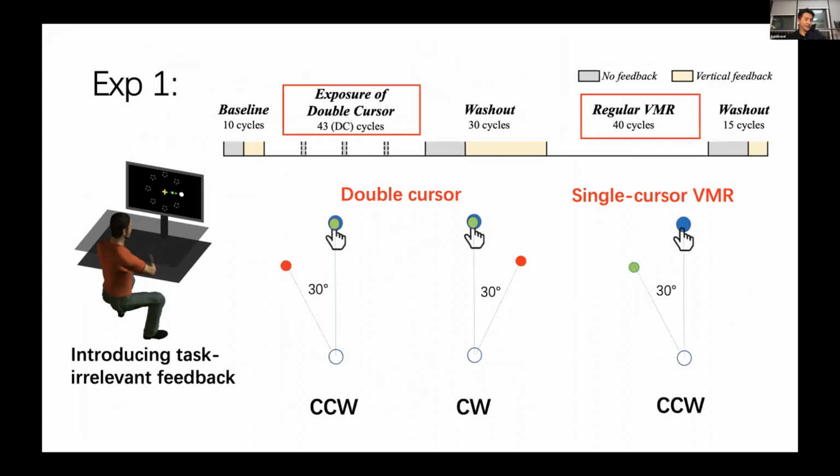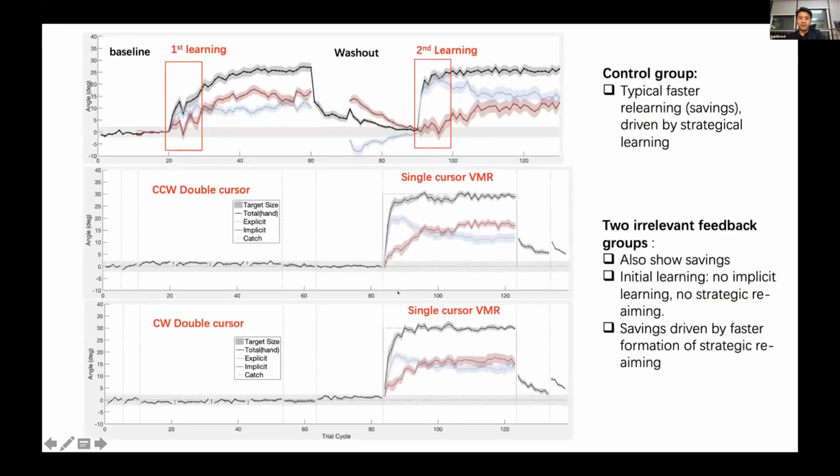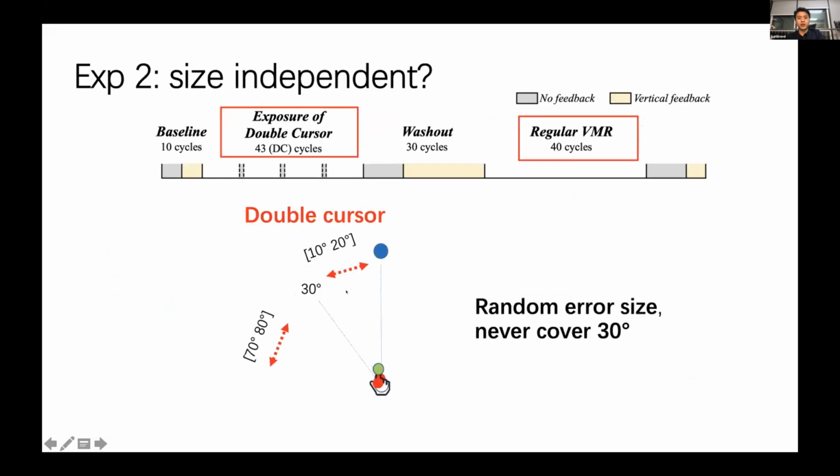Wow, that's a great question. Let me put it this way. My experimental paradigm is showing two cursors, right? But I think doing animal studies is too hard because our paradigm basically tells people to ignore one of the cursors. Even for error clamp, which is only showing a single cursor, we also need to tell people to ignore the cursor.